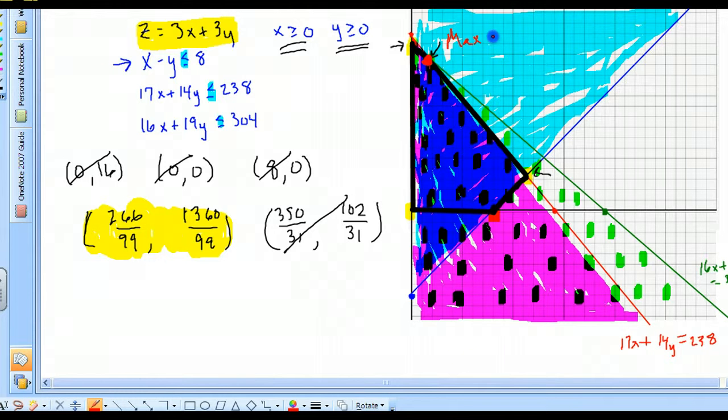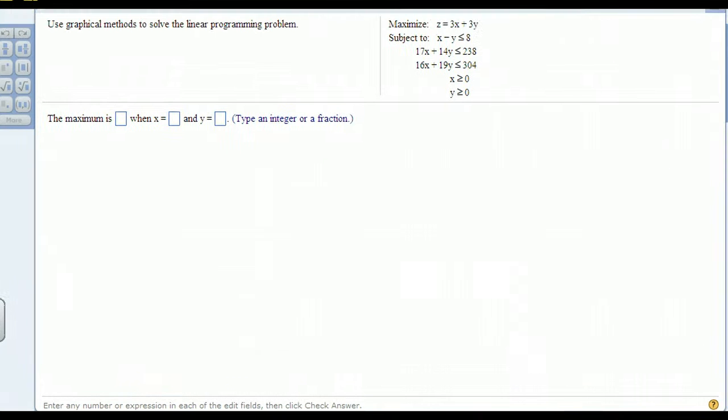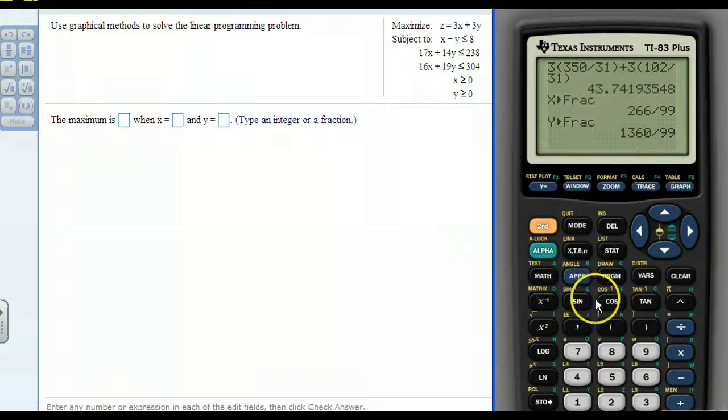The max occurs here at 266/99 and 1360/99. So the maximum is, we did that on the calculator just a little bit ago.